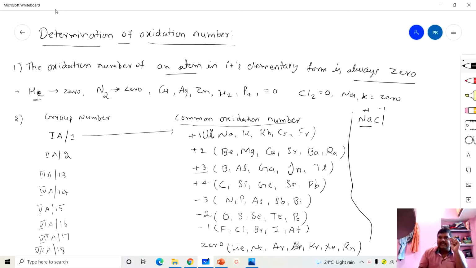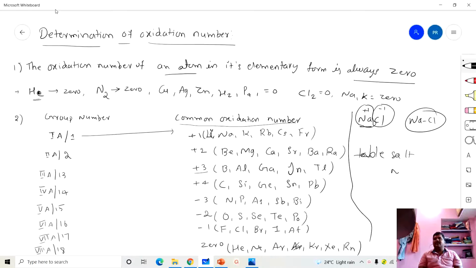So by gaining one electron, chlorine, and by losing one electron, sodium, forms the sodium chloride crystal. We have table salt. What is the formula of table salt? NaCl. Sodium loses one electron, chlorine gains one electron, forming NaCl ionic compound. Is it clear?